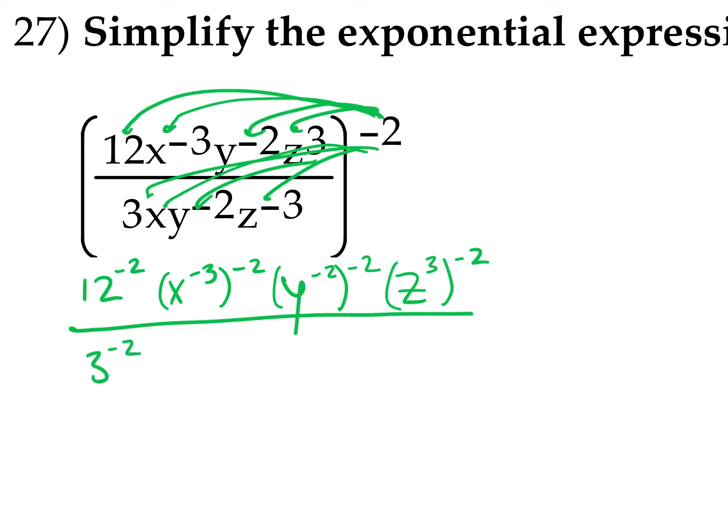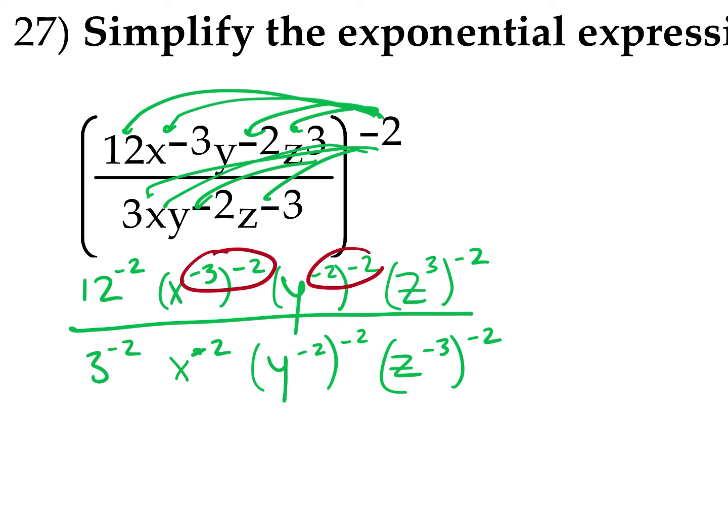So 3 to the power of negative 2, x to the power of negative 2, y to the power of negative 2 to the power of negative 2, and z to the power of negative 3 to the power of negative 2. What can I do next? I can multiply, so multiply my exponents.